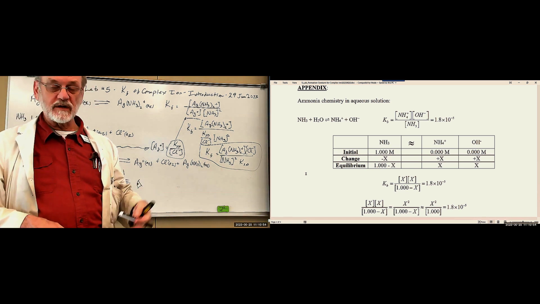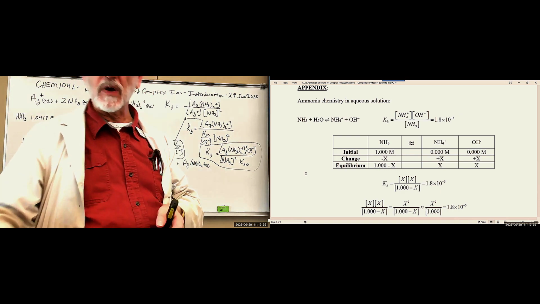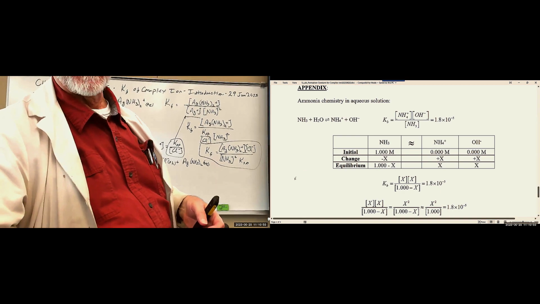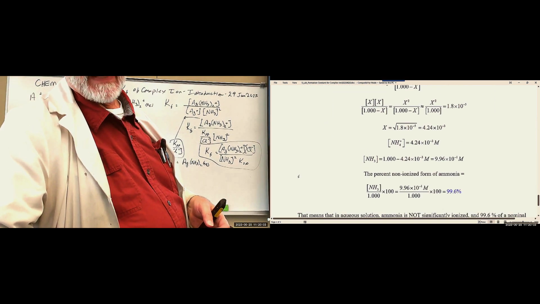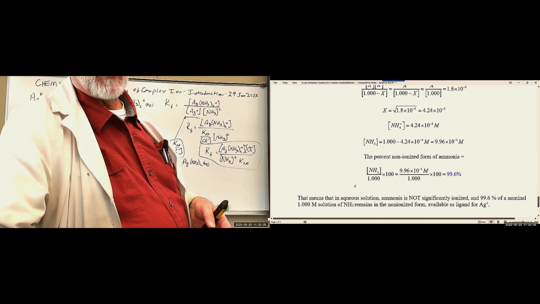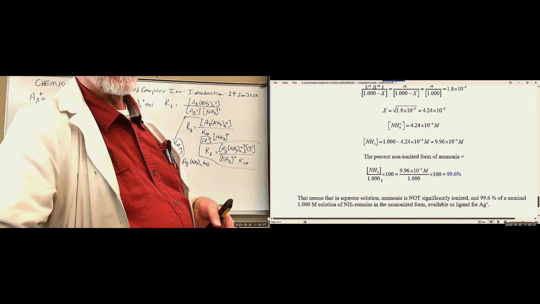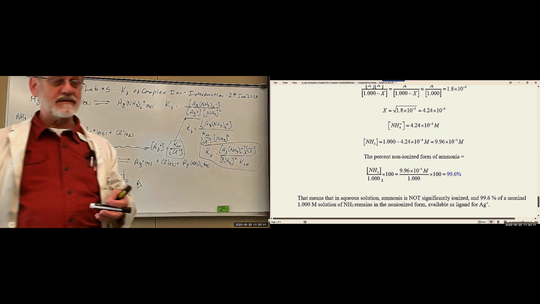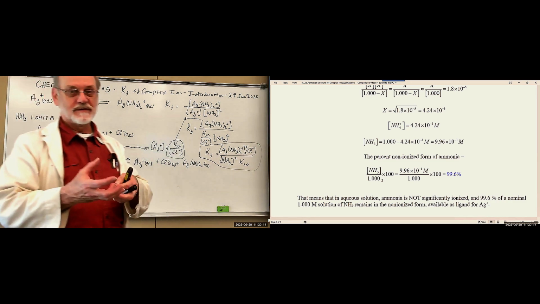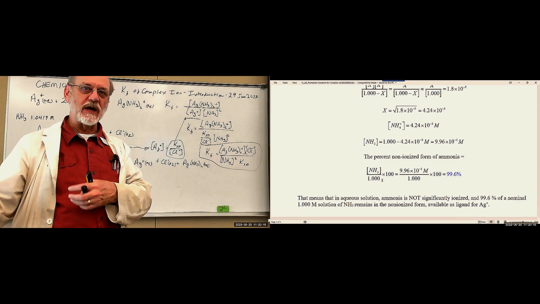So when you put ammonia in solution, you get some of it turned into ammonium. So I ran a calculation and determined that at 1 molar concentration, 99.6% of the ammonia is in that form, and the other 0.4% is ammonium.